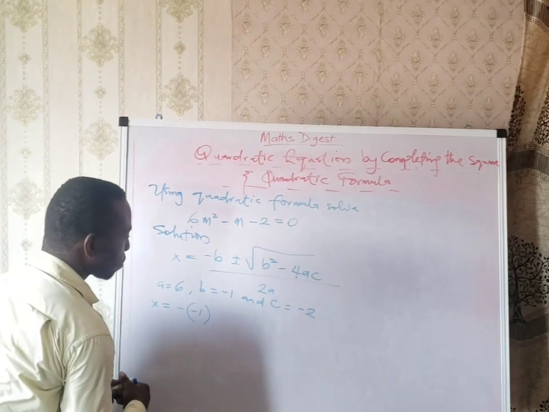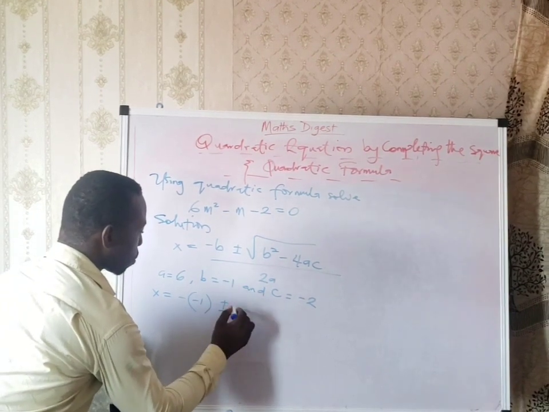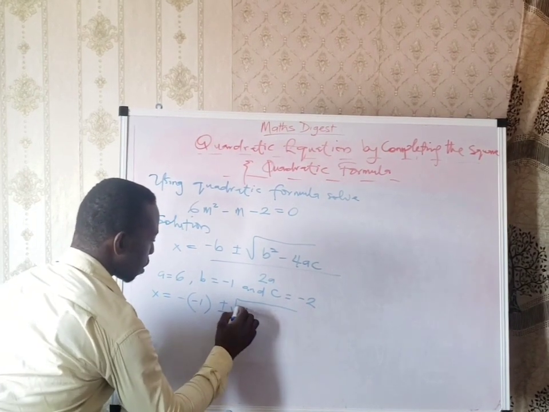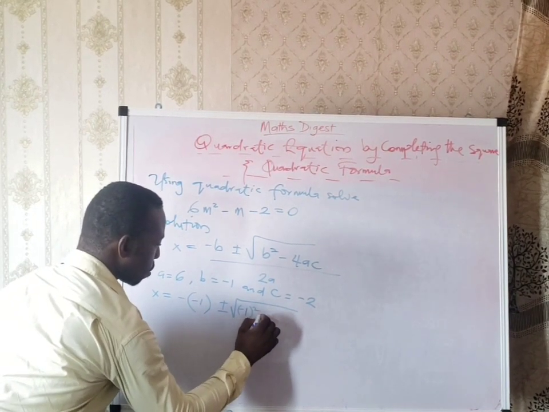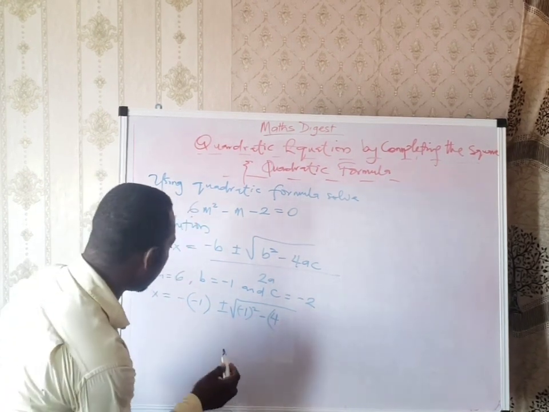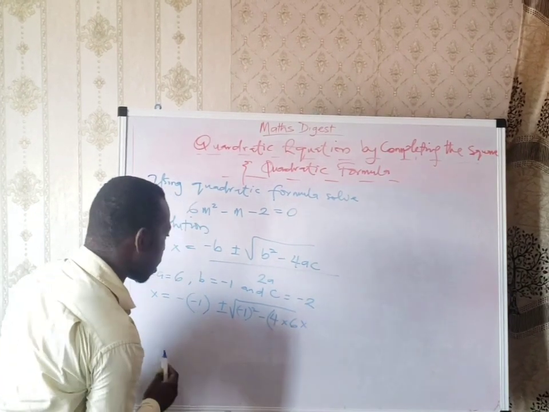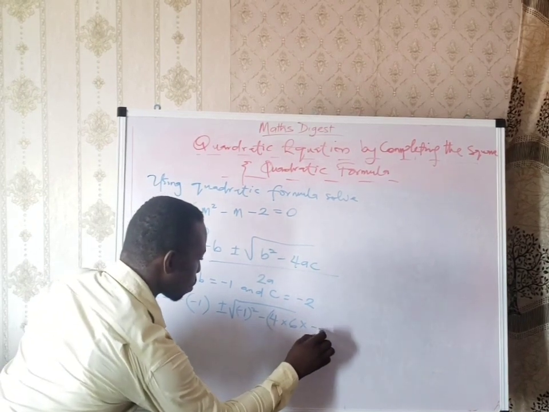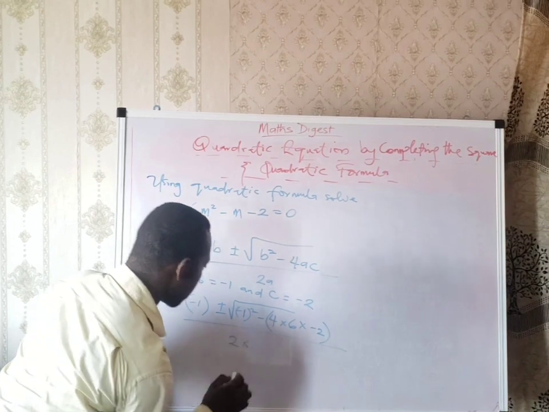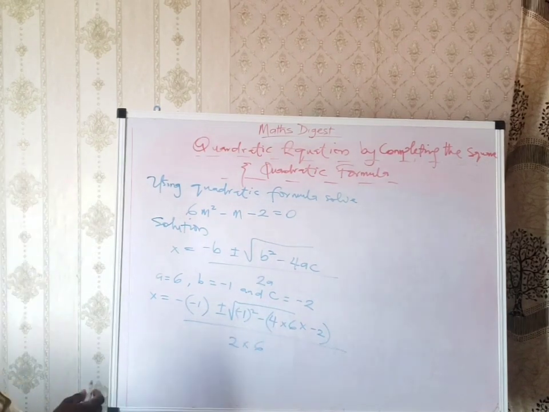Now, plus or minus the square root of b, again minus 1, raised to power 2 minus 4 times a, which is 6, times c, which is minus 2, all over 2 times a, which is 6. Okay, with this we are good to go.